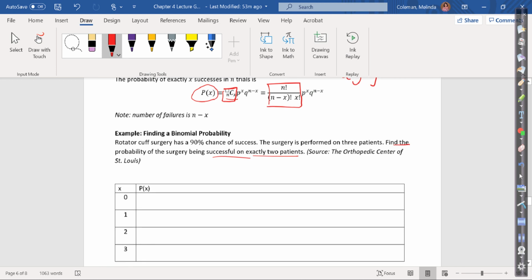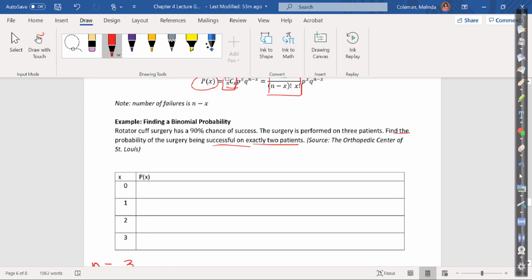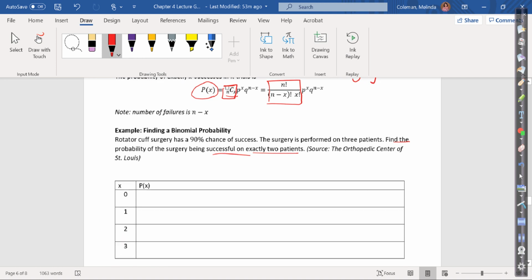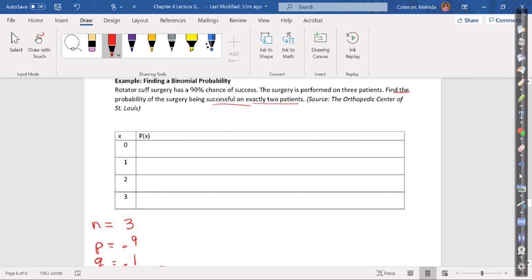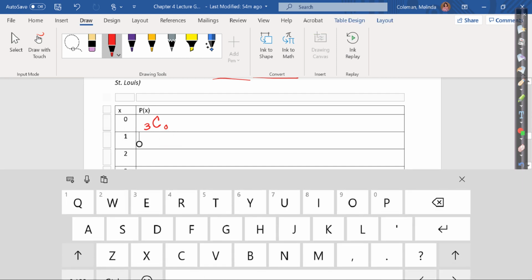So if I use my formula, N is equal to 3. But I also need to know the X value. So when I'm going to do the combination, it's going to be a combination of 3 things taken 0 at a time. So the X value is 0.